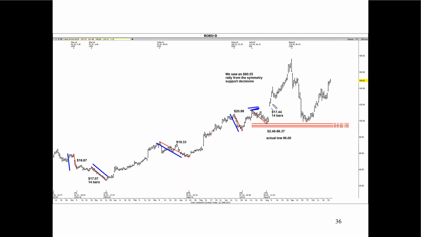Now this would not have been a graceful entry because it looks like we gapped up, so it was probably right around earnings. But bottom line, you'll see these patterns in the market all over the place. You'll find the symmetry. And we ended up seeing a rally of $80 off of simple symmetry.